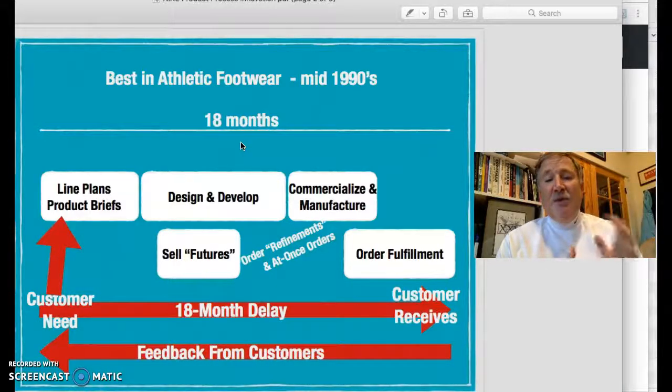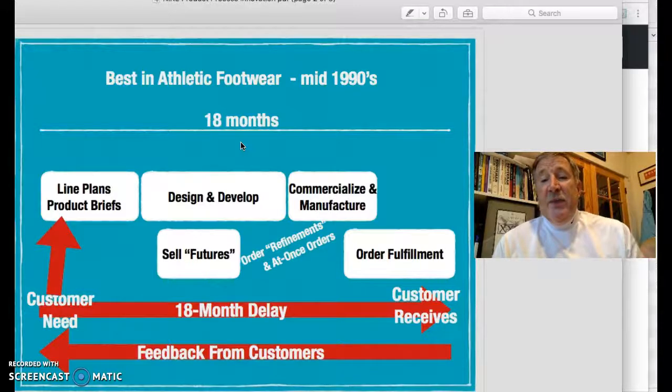And so each of those sport categories had teams who would put together for each season of the year a line plan. The line plan would basically describe products that meet consumer needs in that sport category at particular price points. Those product briefs then would flow to designers and developers who would be assigned to different ones of those product briefs to begin to bring those ideas to life.